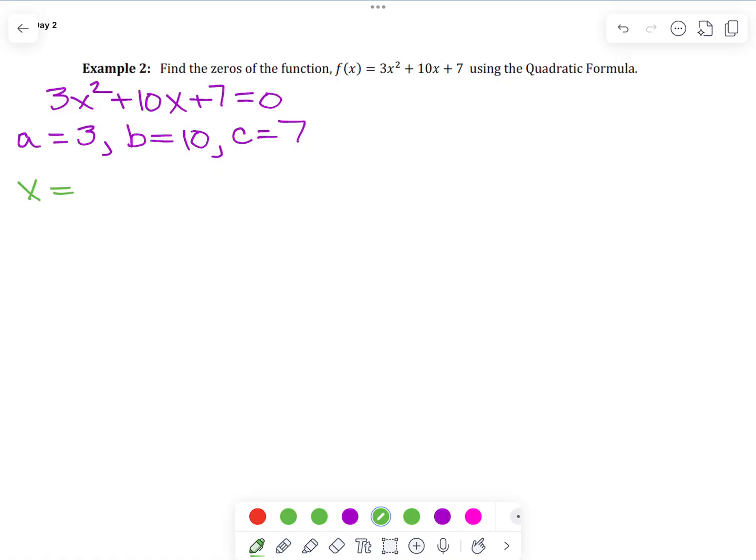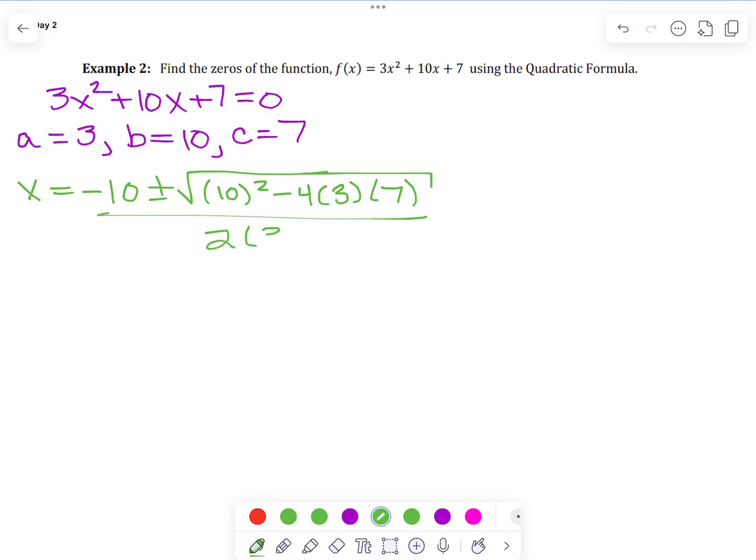So x equals negative b plus or minus the square root of b squared minus 4ac all over 2a. And now we start simplifying. So the negative 10 stays as it is, plus or minus 10 times 10 is 100.